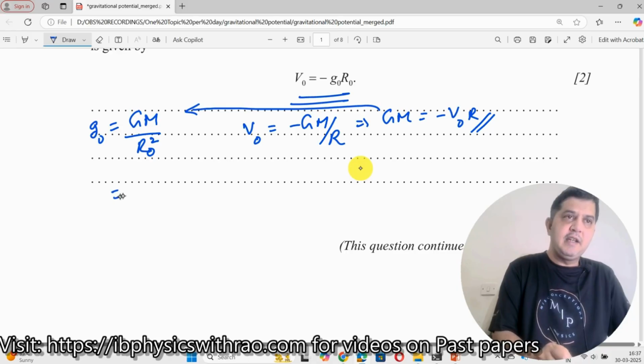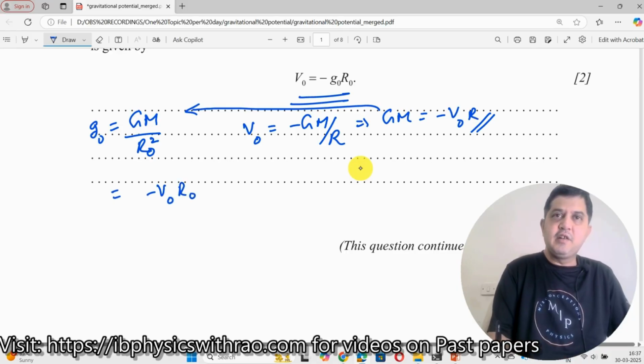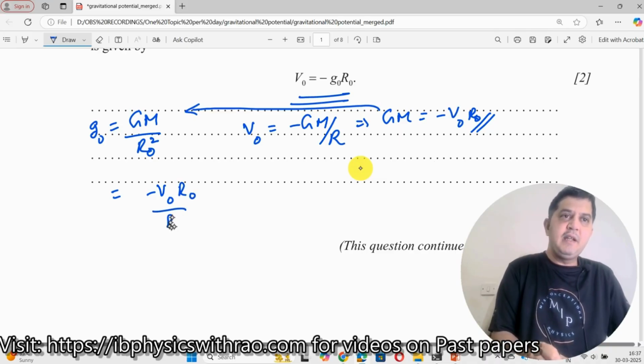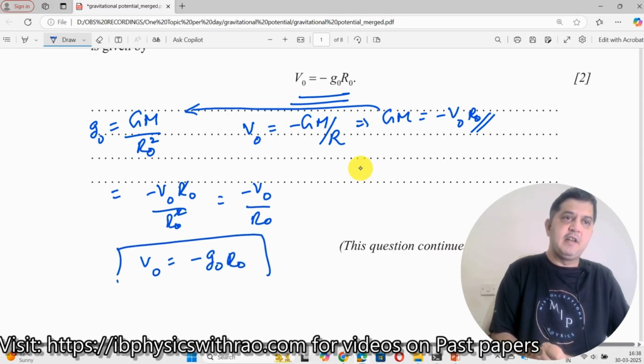When you do this, what do you get? You get minus V0 R naught divided by R naught square. The R naught goes away. So you get g naught equal to minus V0 divided by R0, or V0 is equal to minus g naught R0. So as required, we have proved it.